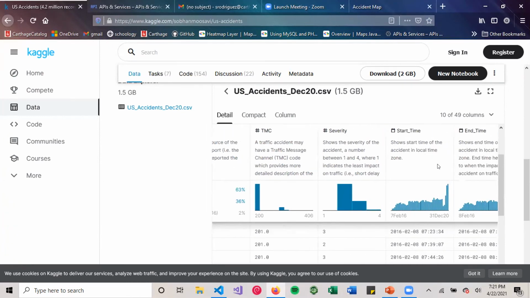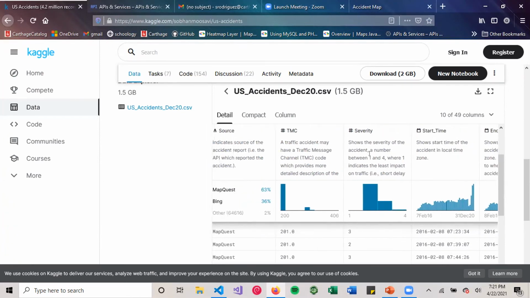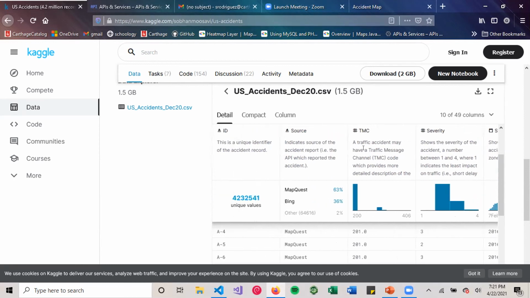So Kaggle, is that just an organization that collects data, or what is Kaggle? How would you describe it? It's a website for a bunch of data scientists where they just collect data and other people can use it. Would you recommend other people who are looking for data use that?